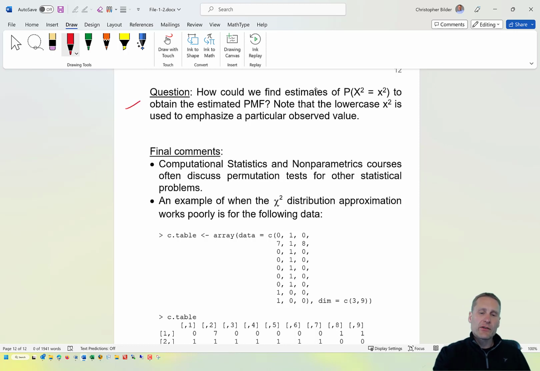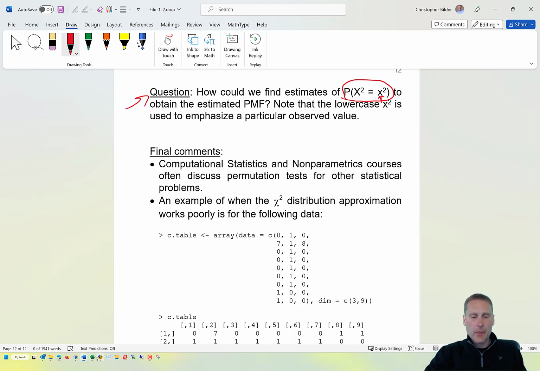Now, here's a question for you. How could we find estimates of the distribution of X squared, meaning find the probability that X squared is equal to a particular value that it can take on? How could I do that now with the information that I just got from doing this permutation test essentially by hand with the help of R?